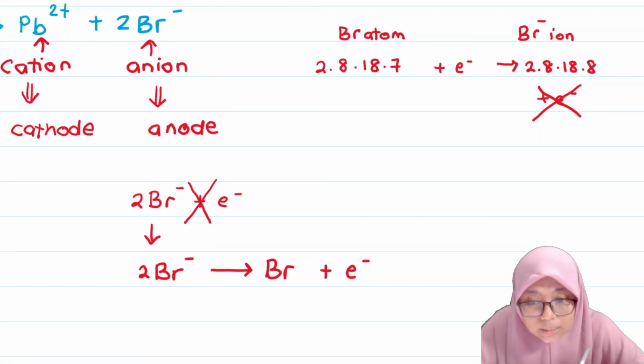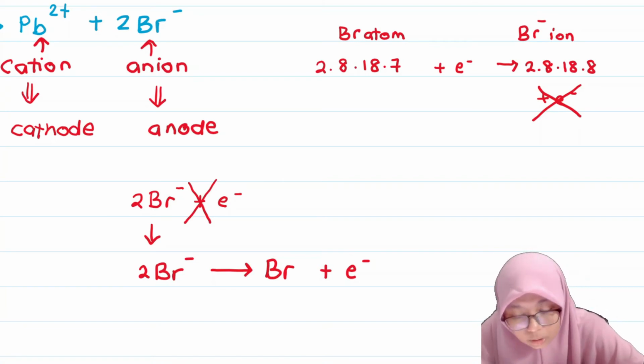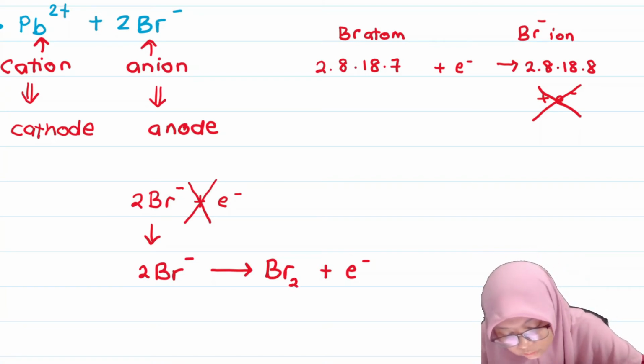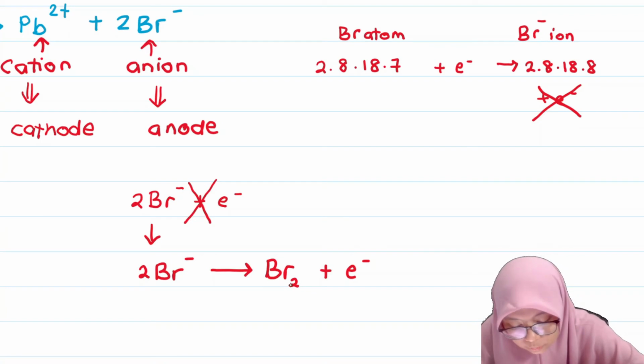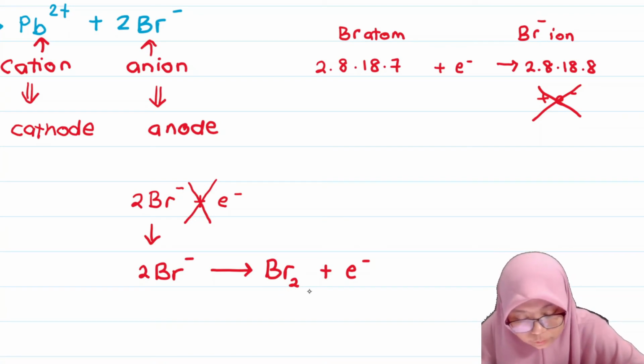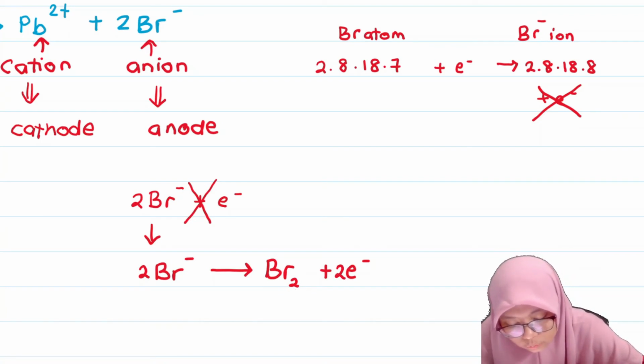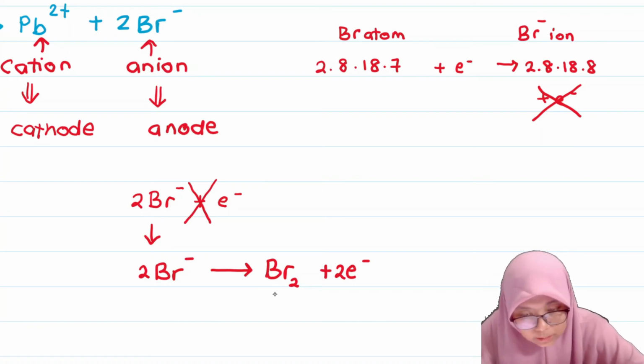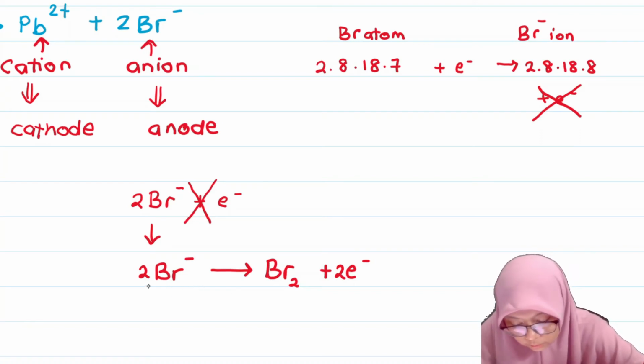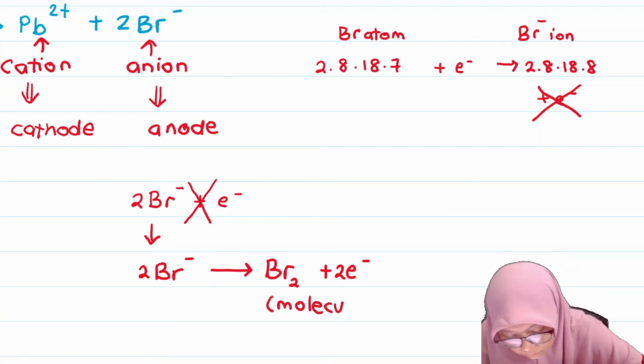It always exists as a bromine molecule. So that's why we write down the bromine as a molecule, Br2, and then you will release 2 electrons. So the half equation for the bromide ion is 2Br- produces 2 electrons and 1 bromine molecule. So this is a molecule coming from the ion.